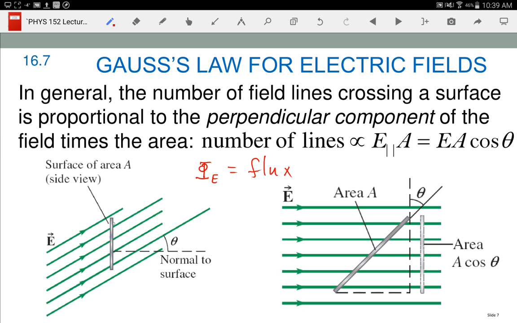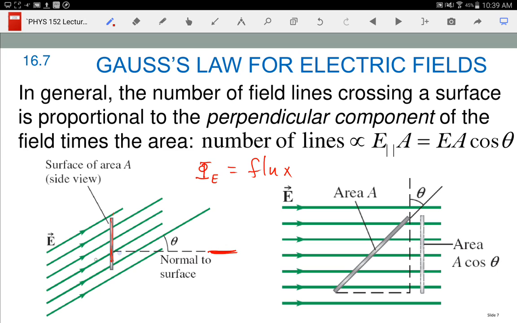So if we have a surface, this first surface here, you see the electric field lines are not going in normal. They're going in at an angle. Well, we just take the angle between the surface normal, this here is the surface normal, and the electric field, and that gives us the angle theta.